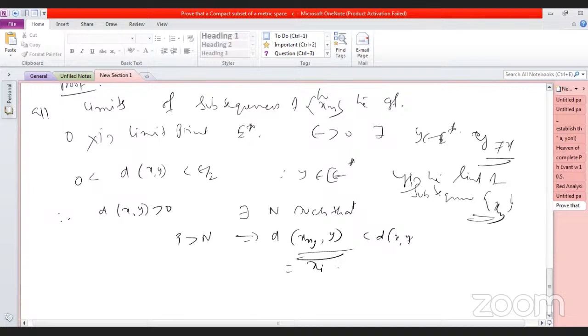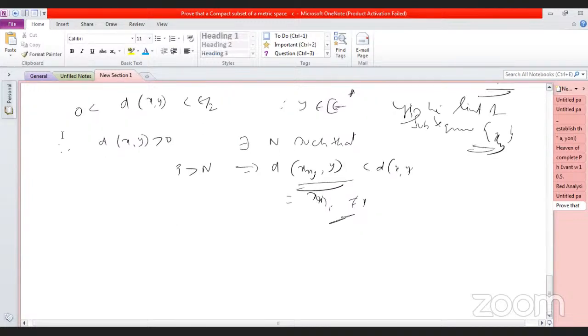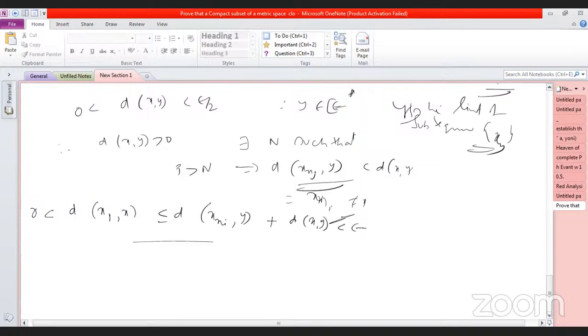Already told y not equal to x, that is xni not equal to x. So therefore the condition 0 less than d(xni, x) less than d(xni, y) plus d(x,y).